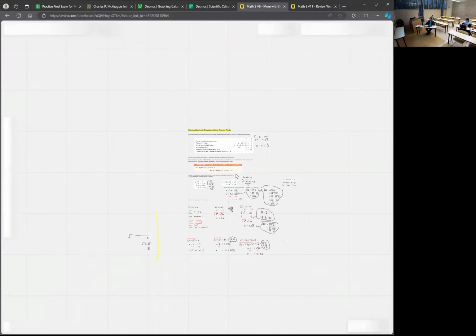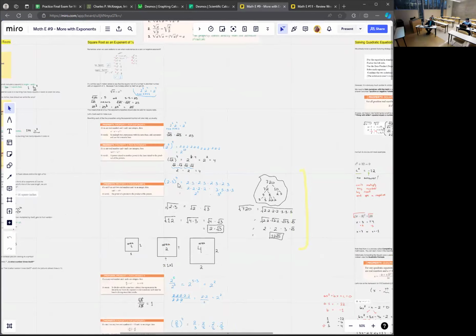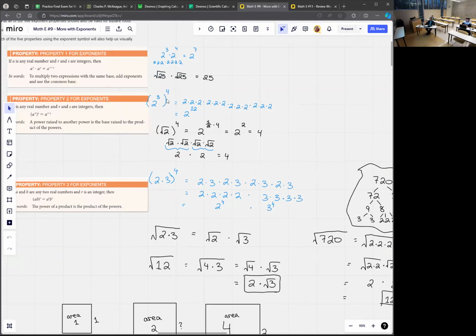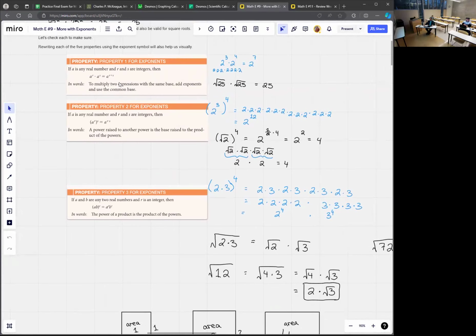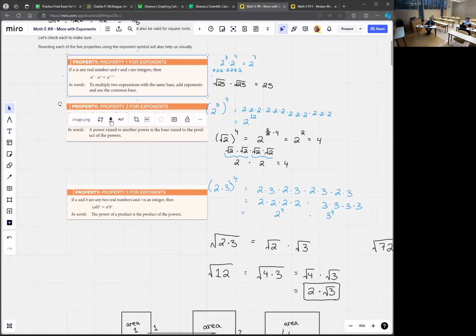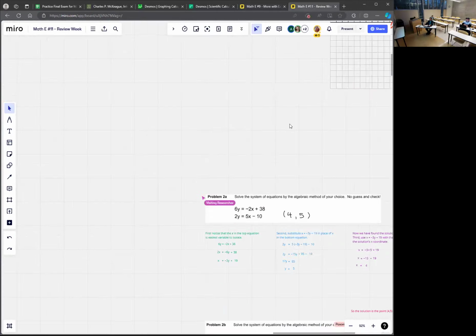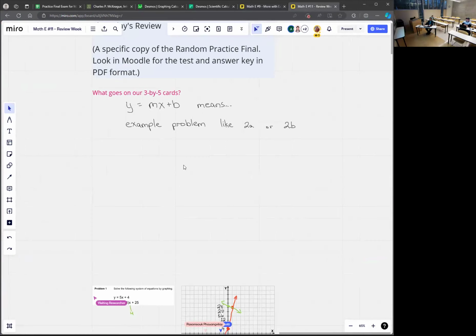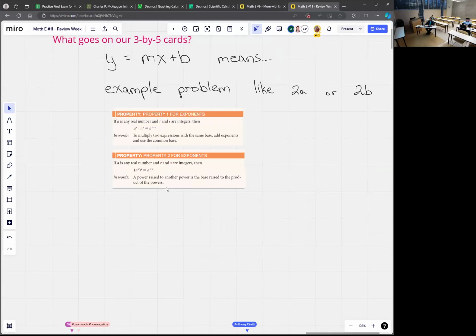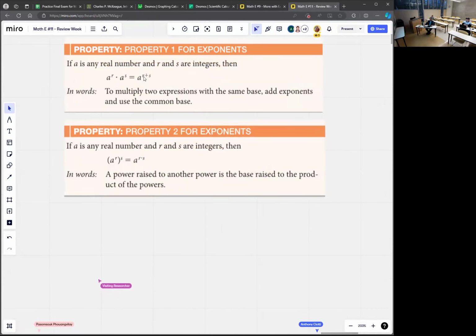Okay, so remember when we did exponent shortcuts, only a few of them were really helpful. There was this one, and there was this one, right? Maybe those go up here. The exponent things of when you multiply, then you're adding them. Or when it's an exponent to an exponent, that's when you multiply it.